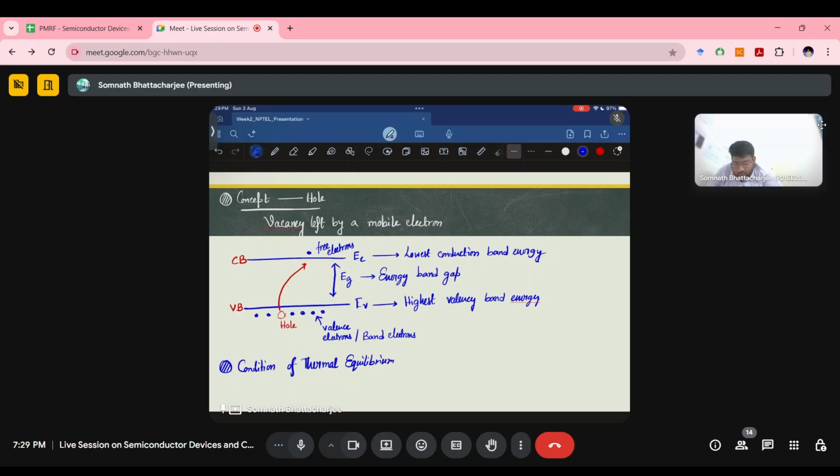This condition is called thermal equilibrium, where we are not giving any external temperature, no external light source or something, and no external voltage as well.